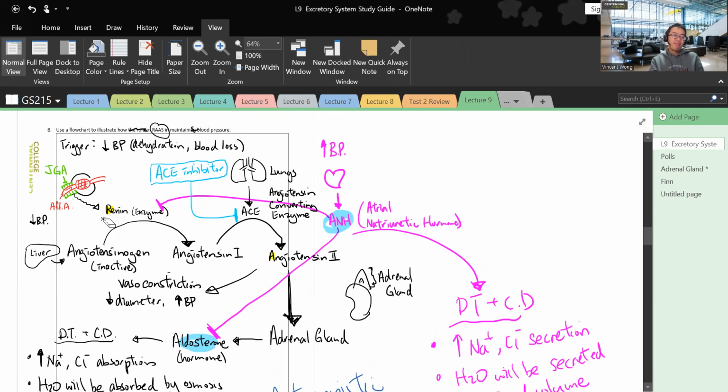But even at a low level, maybe some is still going to get converted into number 1. So you have the ACE inhibitor that would further block the next reaction, right? So you would actually have no angiotensin number 2. So in combination, the ACE inhibitor plus the ANH will collectively suppress the RAS system and bring your blood pressure to control.